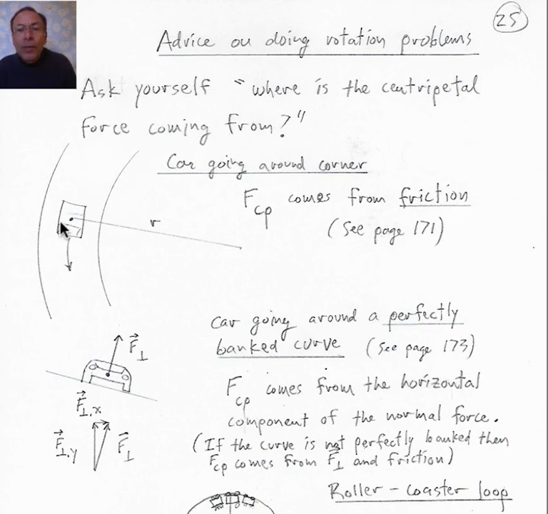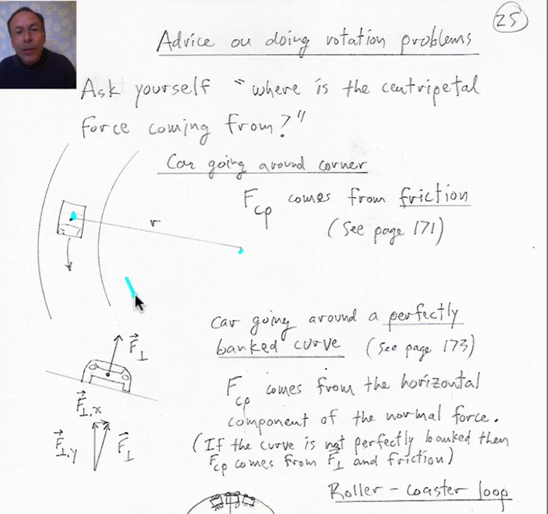So there's one of the examples in the book. A car is going around a curve, and here's this radius. As an aside, when you have a curve like this and a car is going around it, this distance from here to here has a special name.